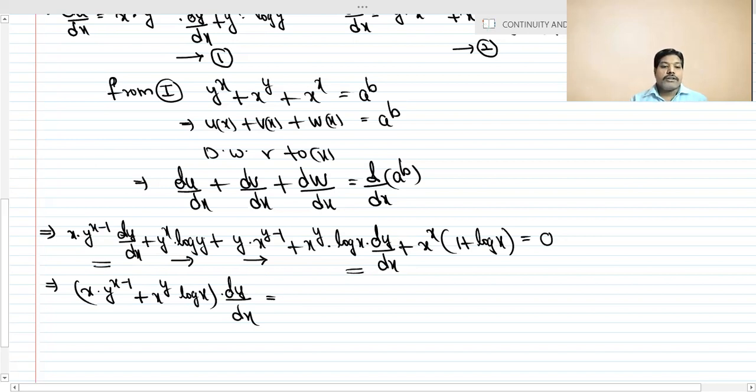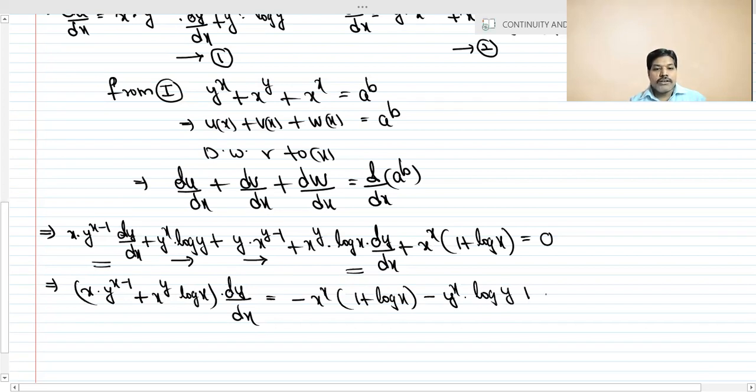Take all these terms to that side. What is that one? Minus x power x into 1 plus log x, minus y power x into log y, plus y into x power y minus 1.